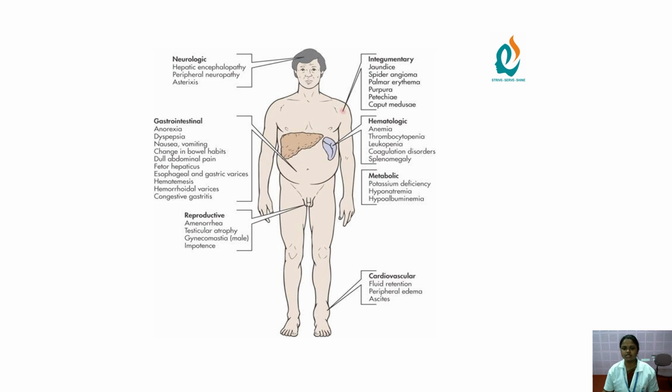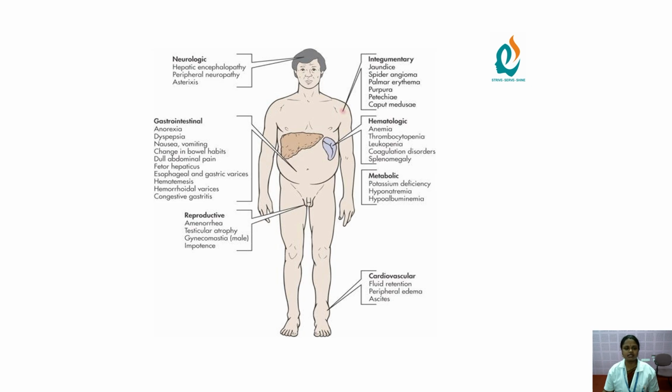In the hematological system, it leads to anemia, thrombocytopenia, leukopenia, coagulation disorder, and splenomegaly. In metabolic, it affects potassium deficiency, hyponatremia, and hypoalbuminemia. In the cardiovascular system, it leads to fluid retention, peripheral edema, and ascites. In the reproductive system, it affects amenorrhea, testicular atrophy, gynecomastia, and impotence.